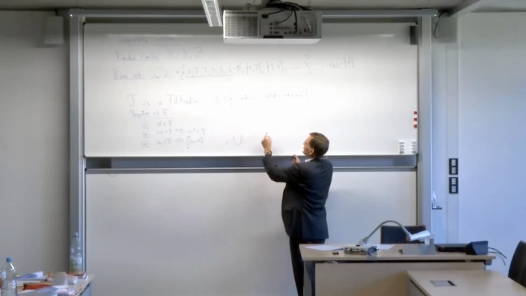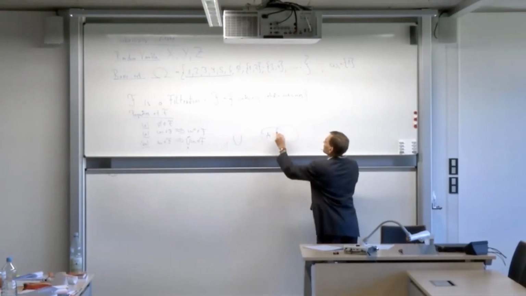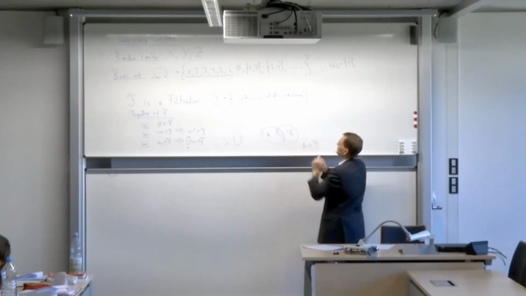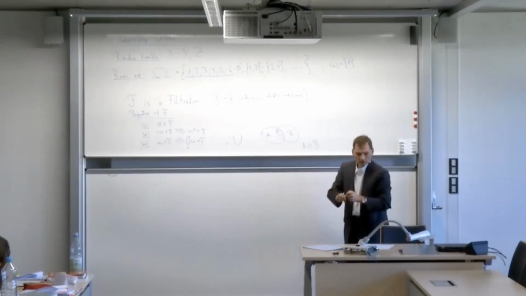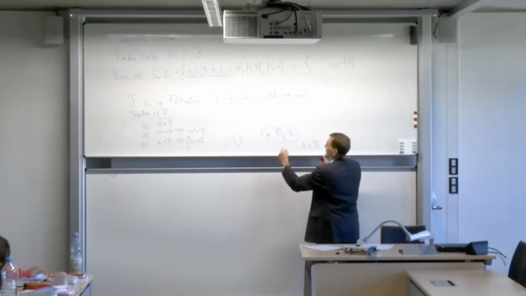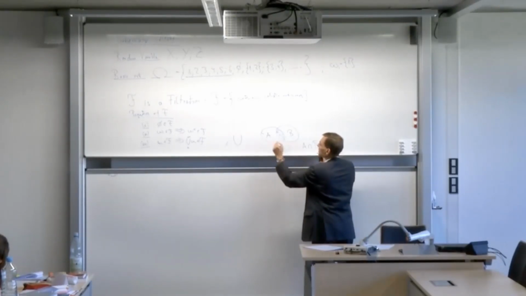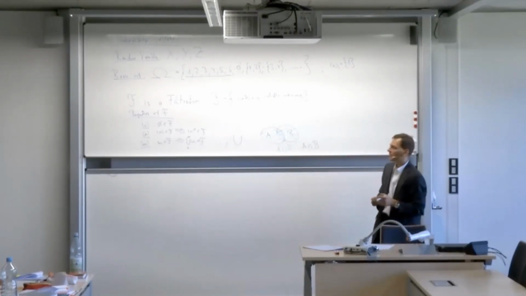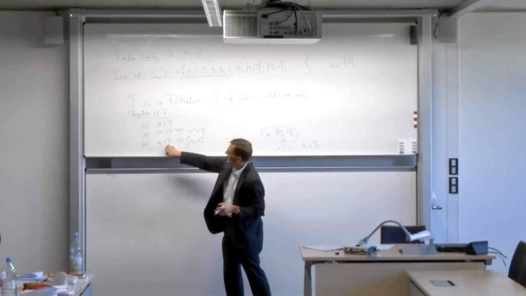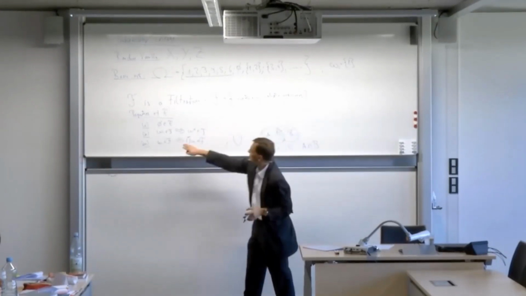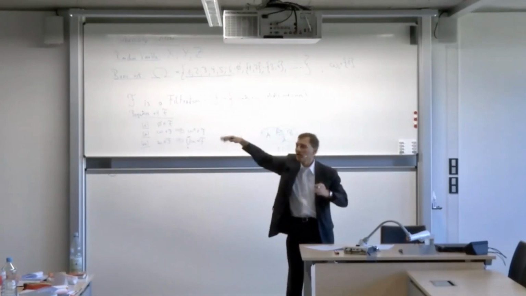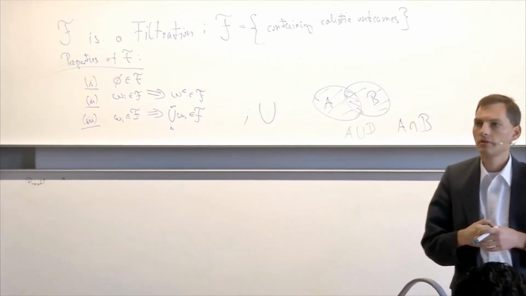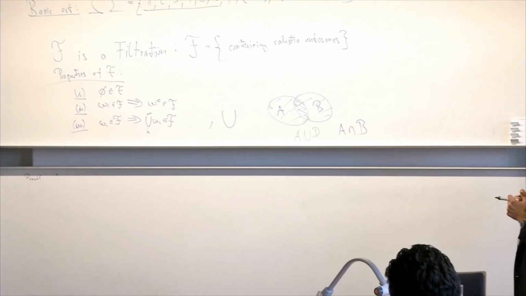For instance, if I have set A and set B, this is the intersection, called A intersect B. That would be this set. And the union, I can say A union B, is the overall, taking both together. So if I have an omega i, the 1, and this is in my filtration, then also the union of all other possible events, 2, 3, and 4, are all in my F. That is what this third condition tells you.